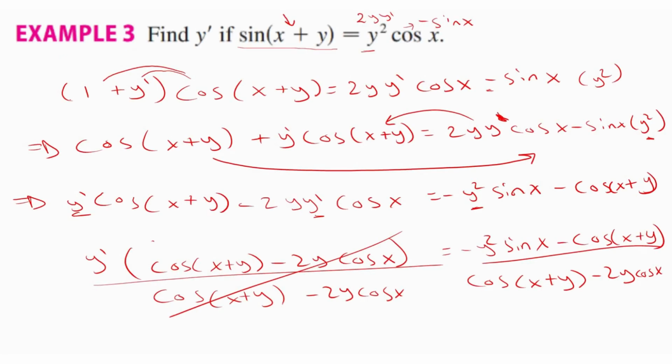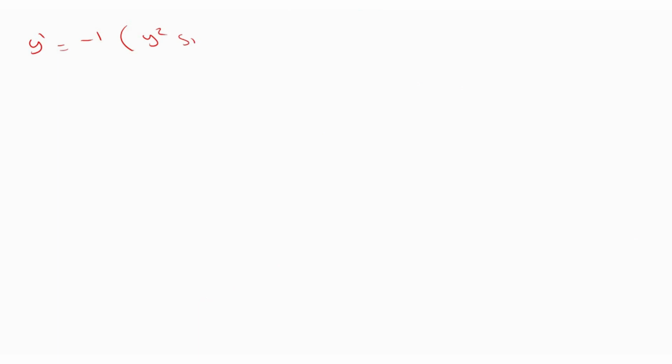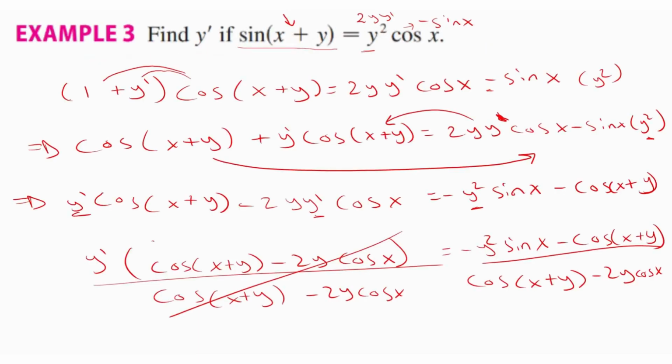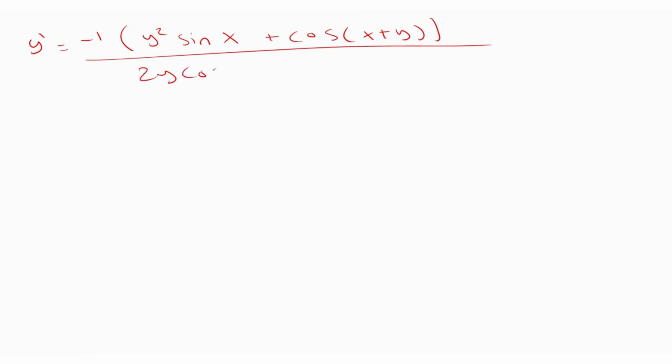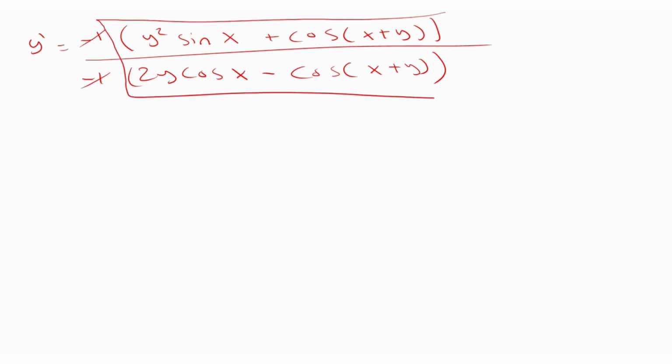Y prime equals negative 1 multiplied by this expression in the numerator, which is y squared sine of x plus cosine of x plus y, over, if we take the negative sign outside, this will become 2y cosine of x minus cosine of x plus y, and this of course is multiplied by negative 1, and this can be cancelled with this. This is the expression we got for y prime.